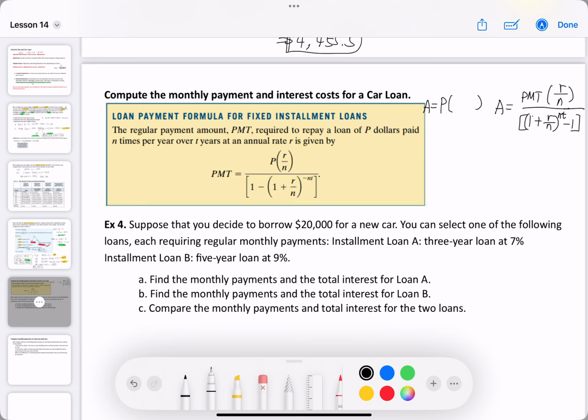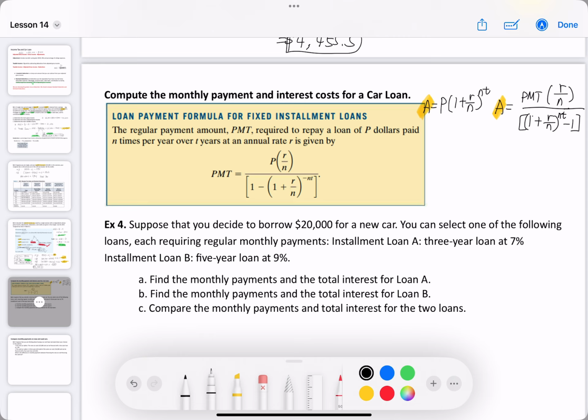So the future value for the compound interest is P, the principal, how much the car or the house costs, plus the interest part, using this formula: P times 1 plus R over N to the NT's power. In this formula, the future value A, they are the same.